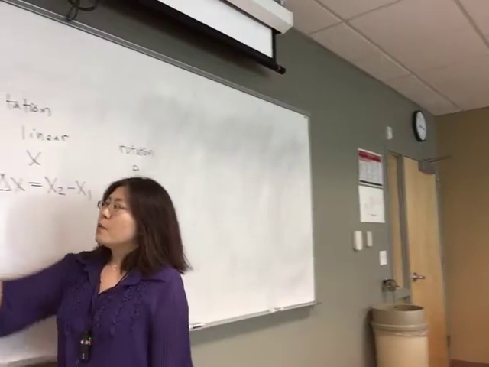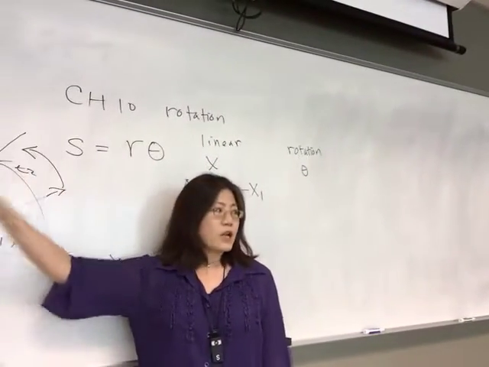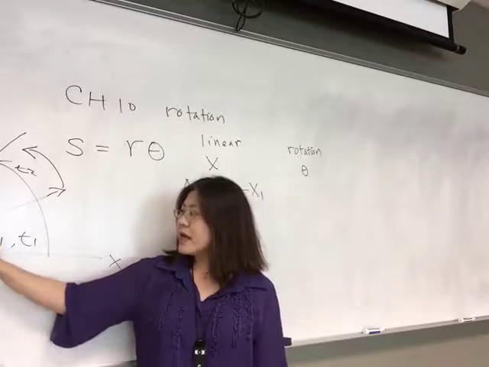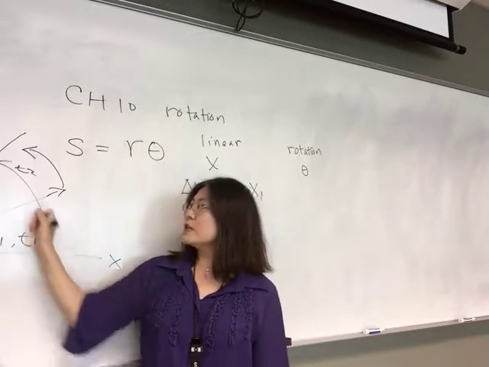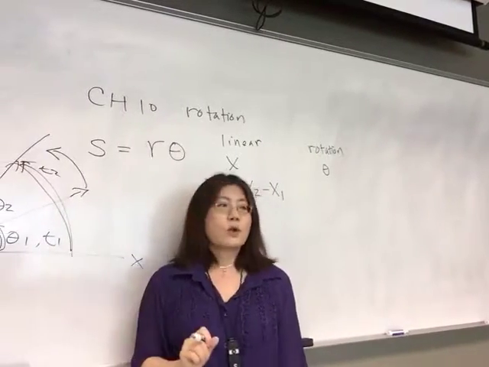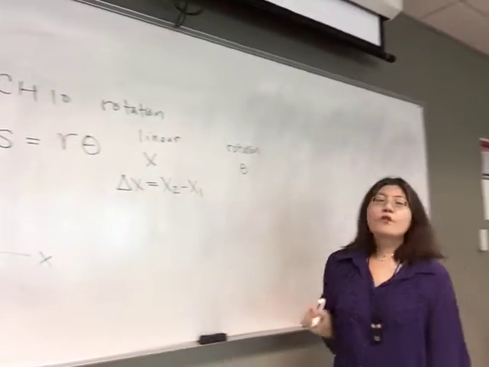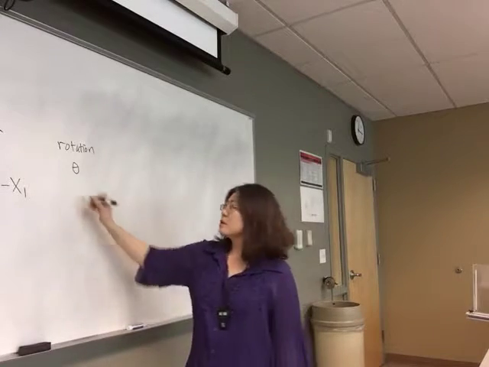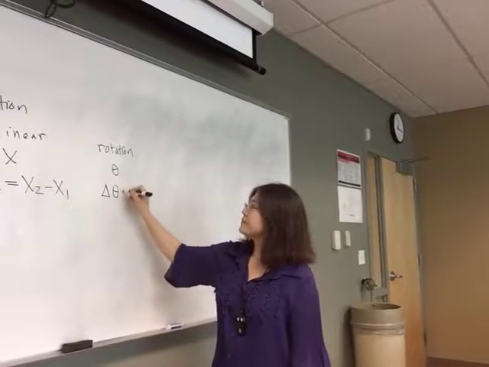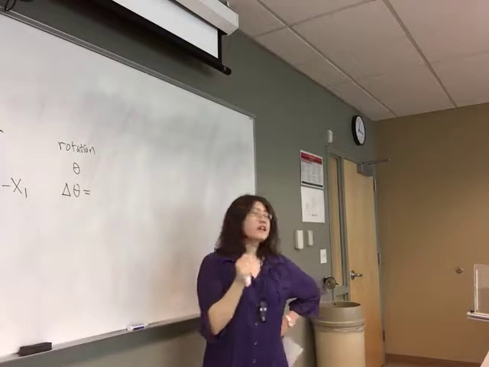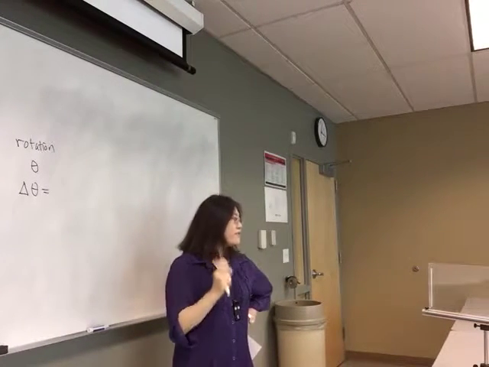Likewise, when you look at the projections of this rotational motion onto the x and y axis, let's say T1 is making the angle theta 1, and T2 is making the angle theta 2. What will be the angular displacement? For the angular displacement, we use delta theta. How would you find this? In other words, now your theta is not just an angle, you treat that as a vector.